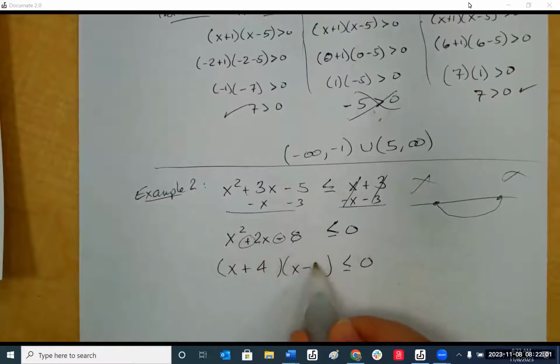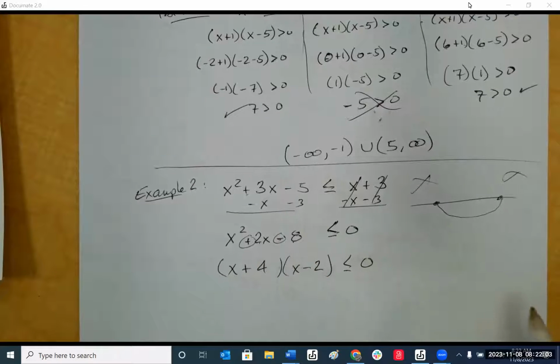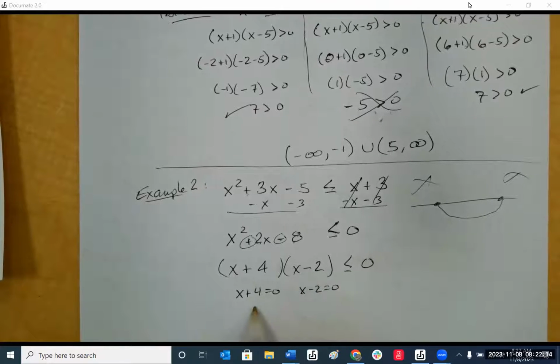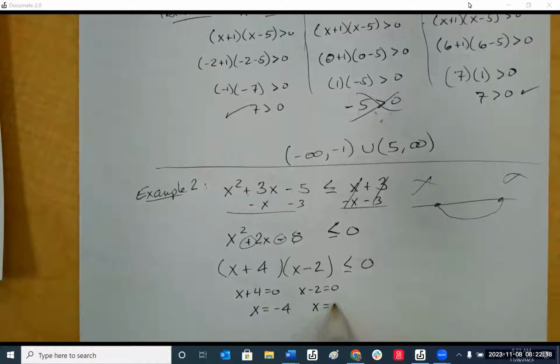So the 4 gets there. Factor those. Find our x-intercepts. x equals negative 4 and x equals 2.